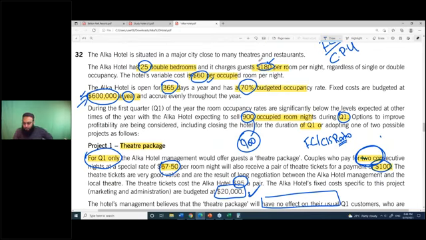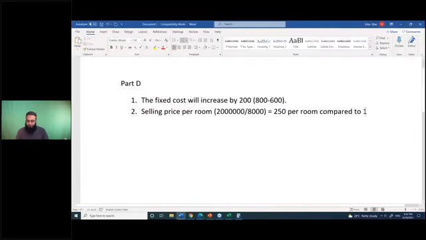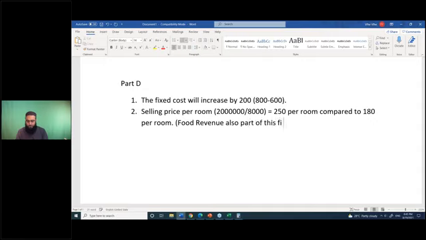Compared to 180 per room, this is clearly showing you an increase in the selling price. And this is just because of what? Obviously, it's because of the restaurant and food and all. Food revenue is also part of this now. Okay, clear? Perfect. So that's simple to understand without any issue, right?